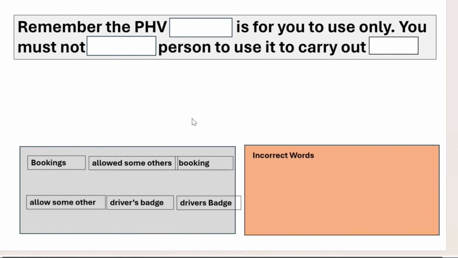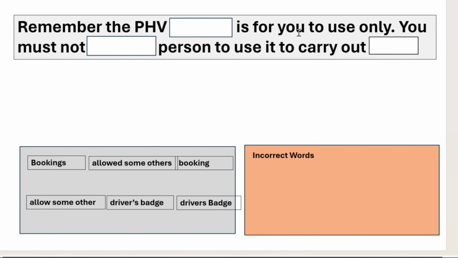What we need to do is read the sentence before the gap and read the sentence after the gap. Remember the PHV gap is for you to use only. So they want to represent something which we can use, isn't it? Because it says it is for you to use only.